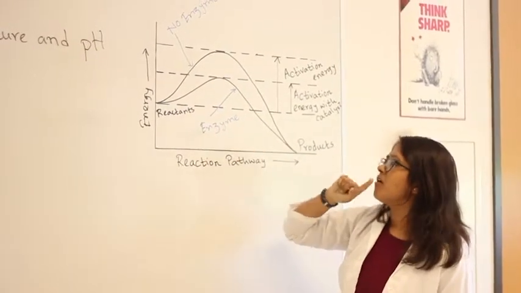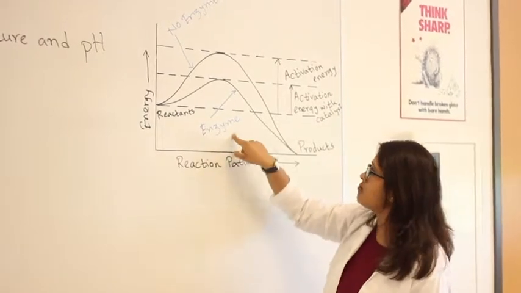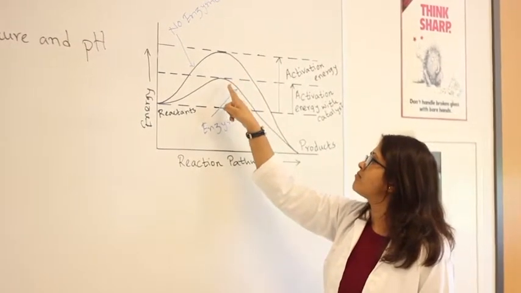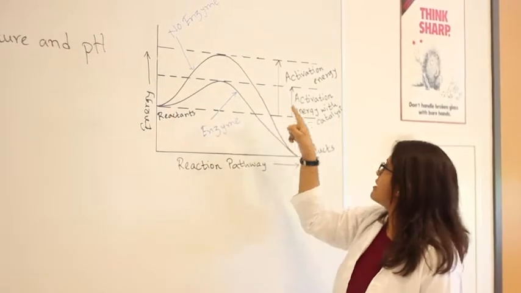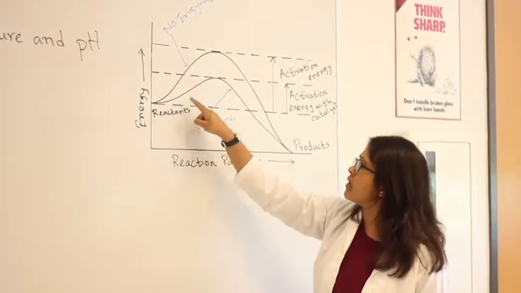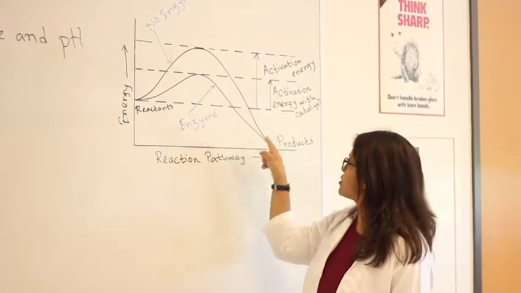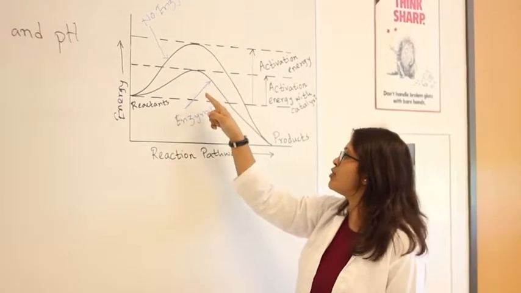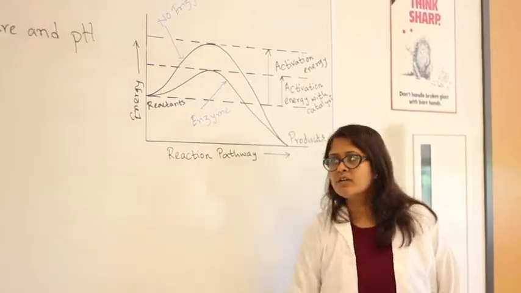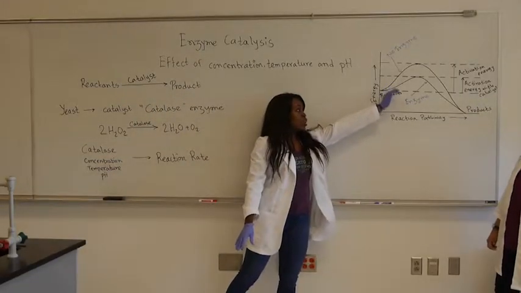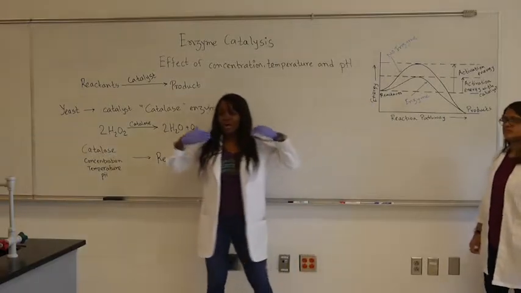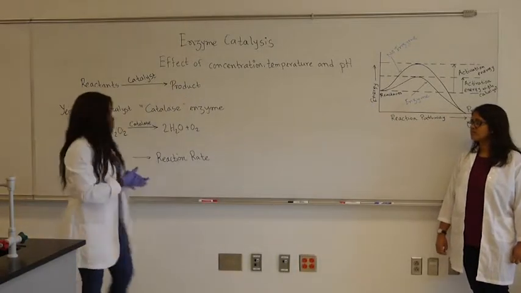Using a catalyst or enzyme, we can lower that activation energy barrier. So getting from reactant to product will be much faster, and we don't have to use that much energy. What you see here is the activation energy barrier is lower, so the reactants don't have to rise as much in energy to go over.